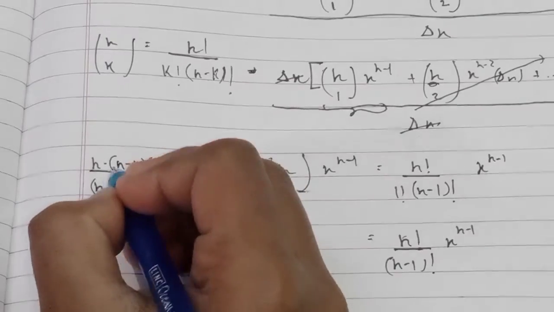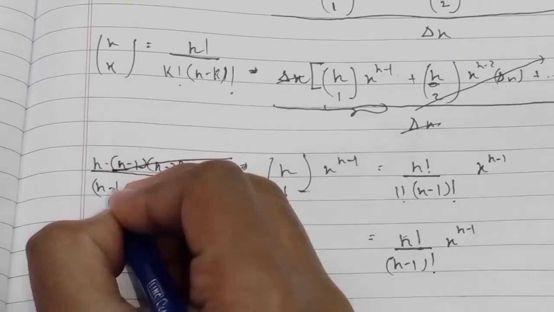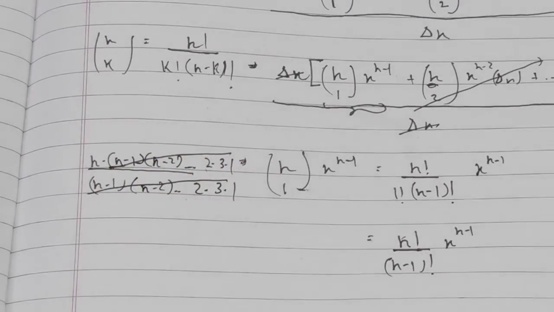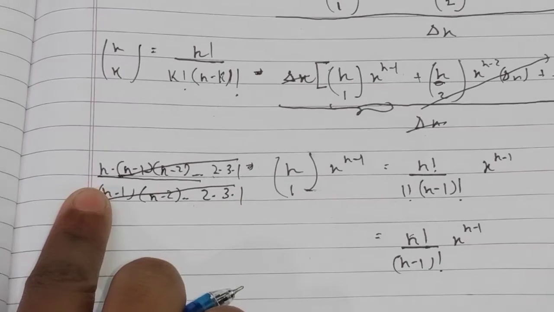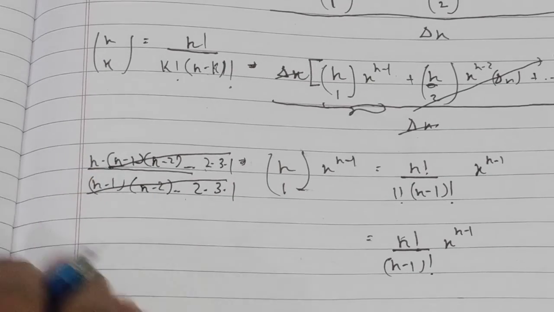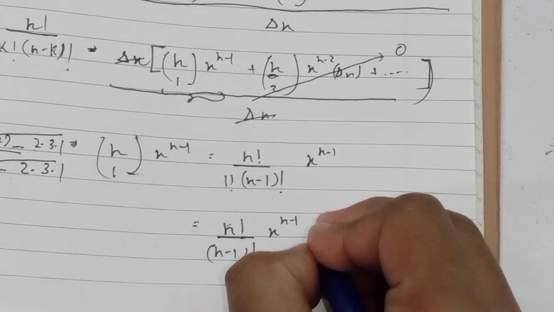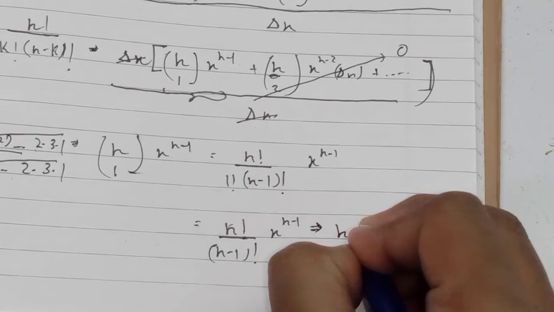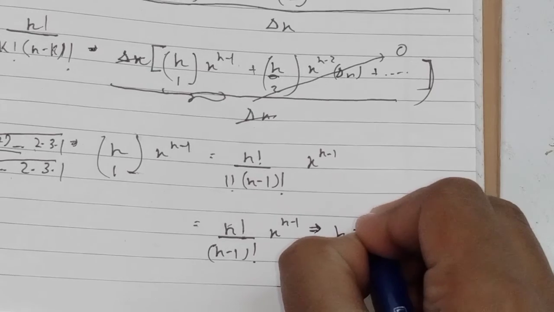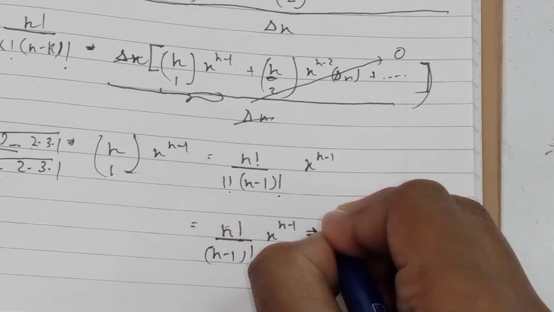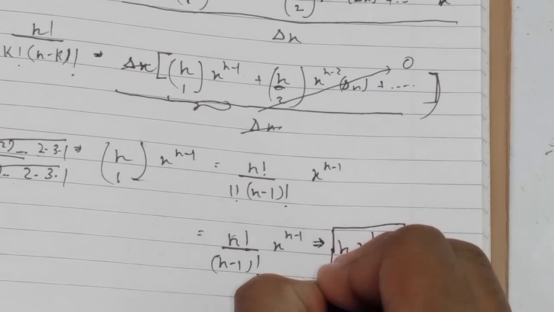So everything except the n will cancel out in the numerator and denominator. We get n at last. So this will be n into x to the power of n minus 1, and this is our solution. This is our rule.